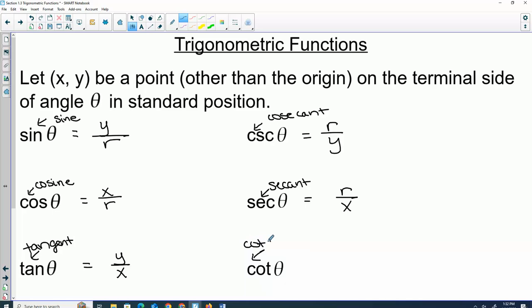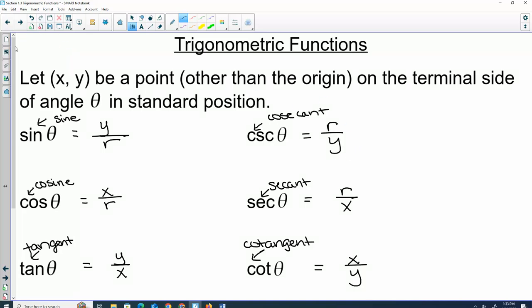And this is cotangent, which is x divided by y. Is that okay?